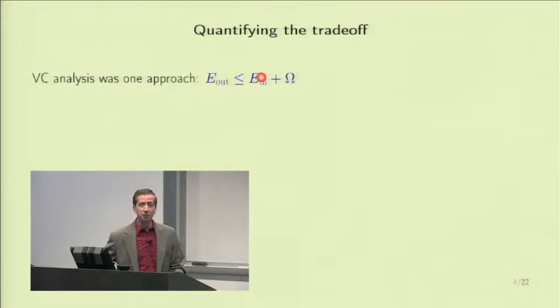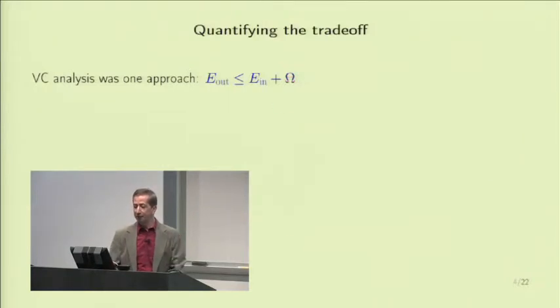E_in is approximation, because I am actually trying to fit the target function. I'm just fitting it on the sample. That's the restriction here. So if I get this well, then I'm approximating f well, at least on some points. This guy is purely generalization. The question is, how do you generalize from in sample to out of sample? So this is a way of quantifying it.